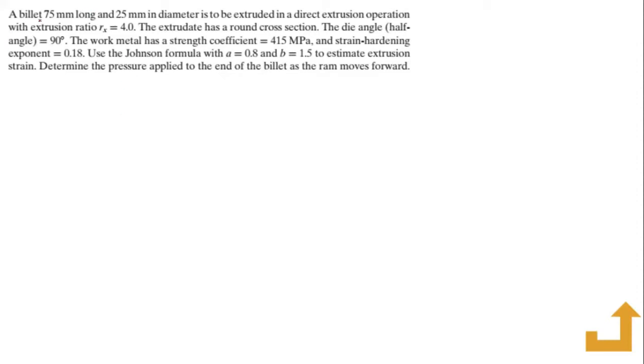It states a billet that is fed in the extrusion container that is 75 millimeter long and 25 millimeter in diameter is to be extruded in a direct extrusion. So we have the direct extrusion here. We have a container with some dies at certain angle, and it has a billet inside.